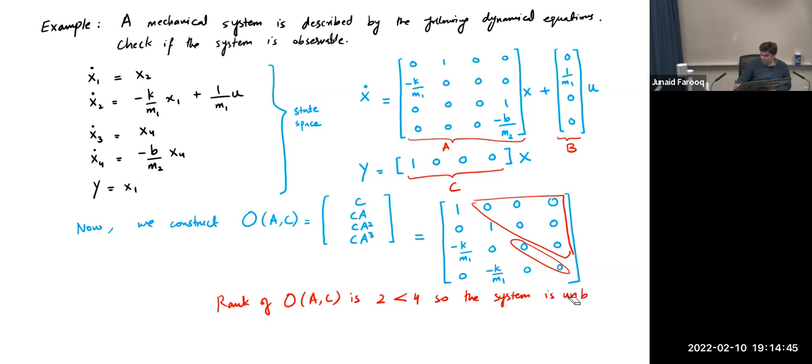And again, when we say unobservable, it doesn't mean that the sky is falling. It means that a part of the system is unobservable. So there may still be a part which is observable.